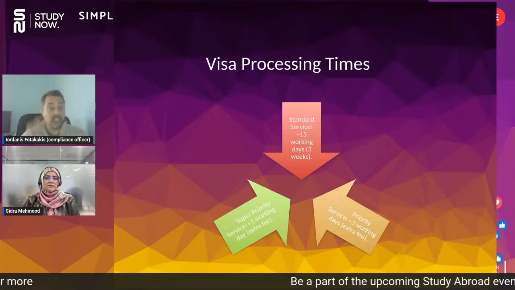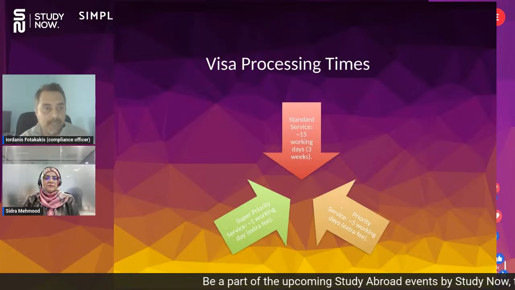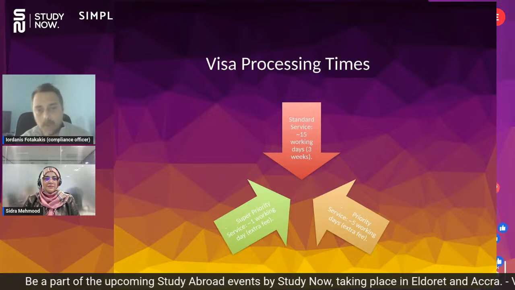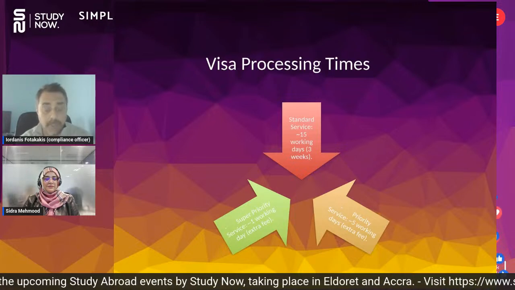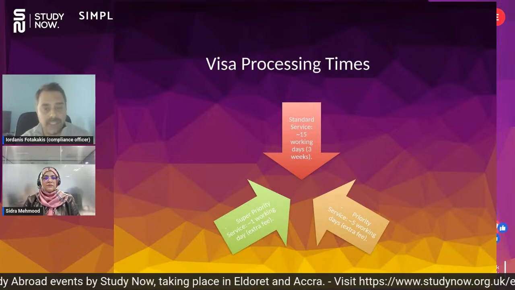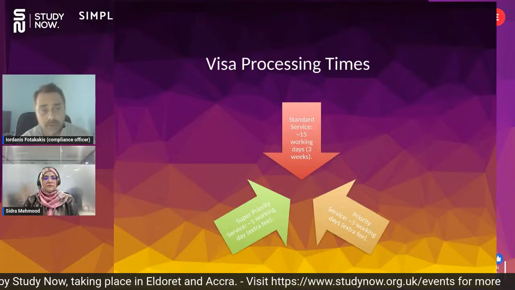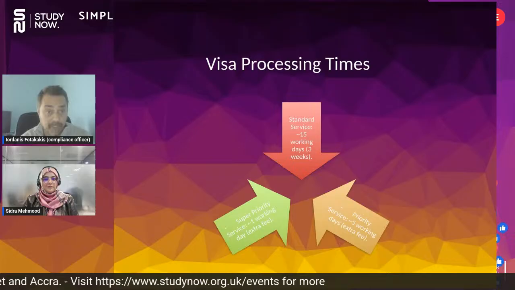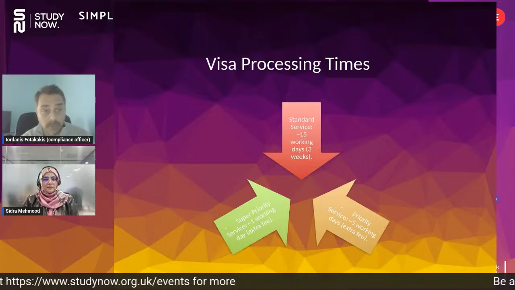Now, regarding processing times, many students have asked me lately how long it takes. The duration is not a standard thing. Usually it's like 2 to 3 weeks. However, depending on the period, the closer we go to September, we will see delays from UKVI.